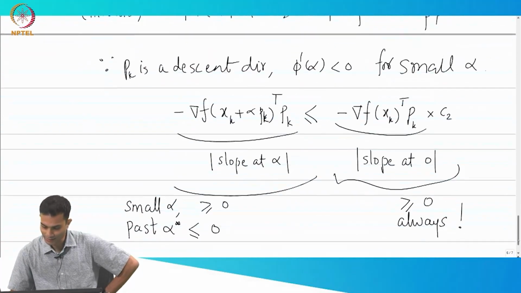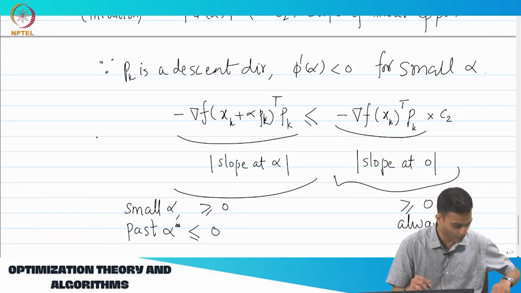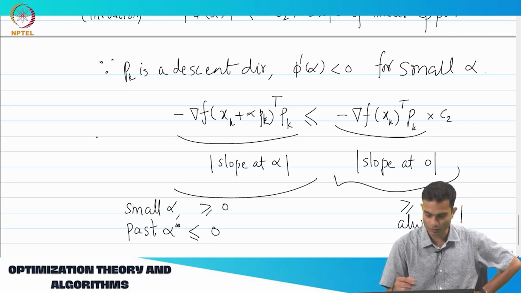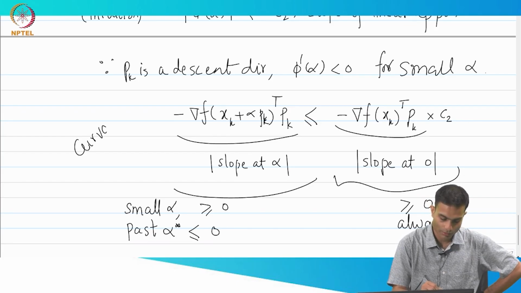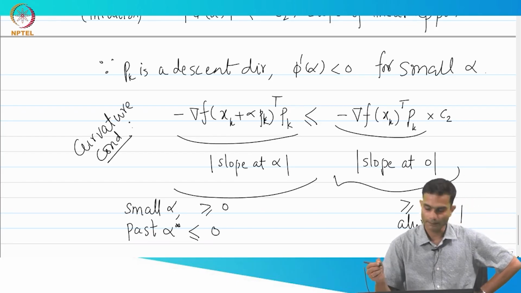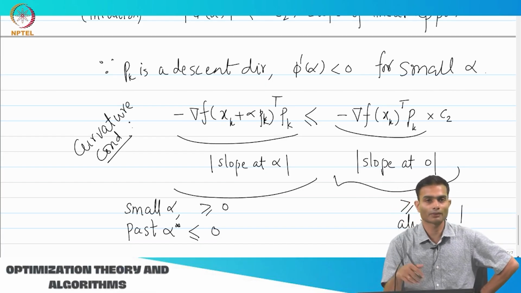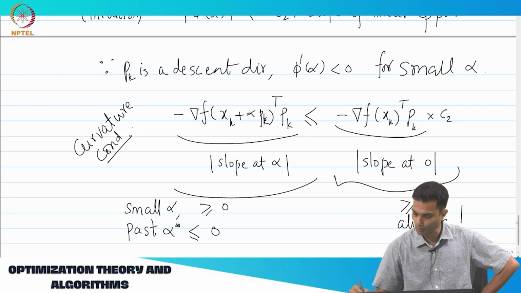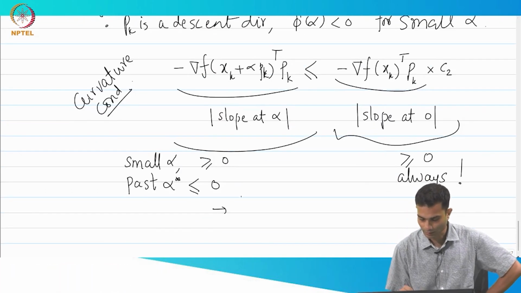So this condition as it is stated is called the curvature condition. If you wanted, you could eliminate the minus signs, that would simply flip the inequality. But we found a problem here that allows overshooting.